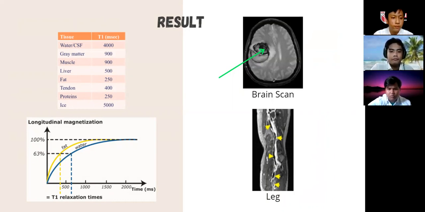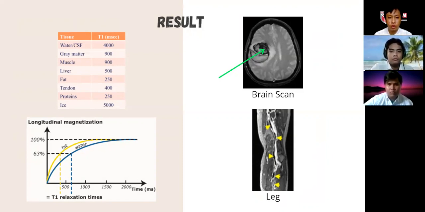As we can see, fat reaches T1 relaxation faster than water because fat has condensed material compared to water. And we assume that the blood clot reaches relaxation between the fat and the water because it has a gel-like shape.